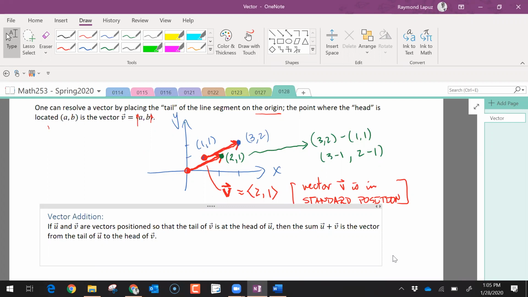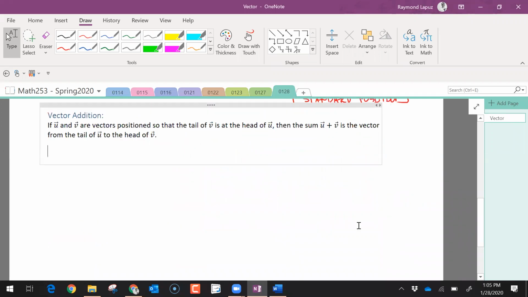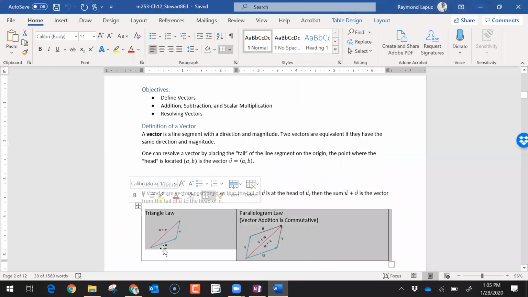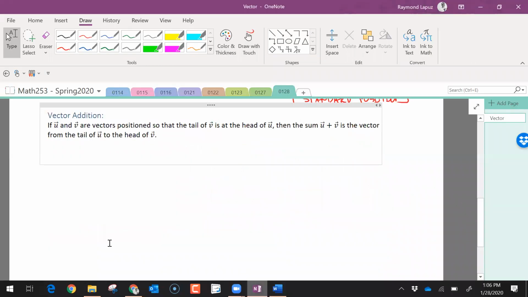Well, I don't know, that was pretty confusing. I got confused just saying it. So why don't we just see a picture that would have that information.